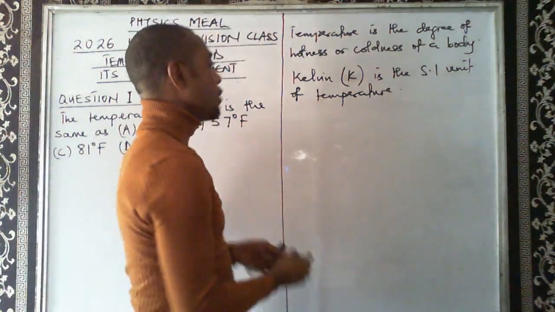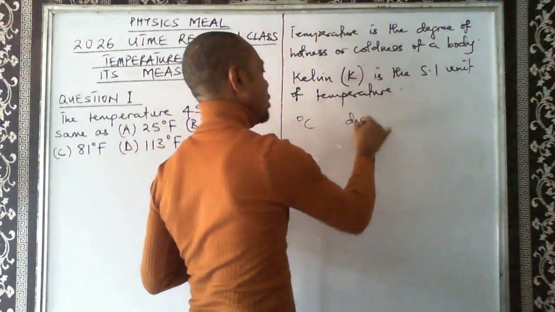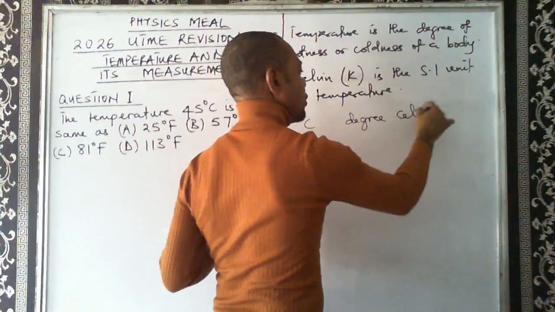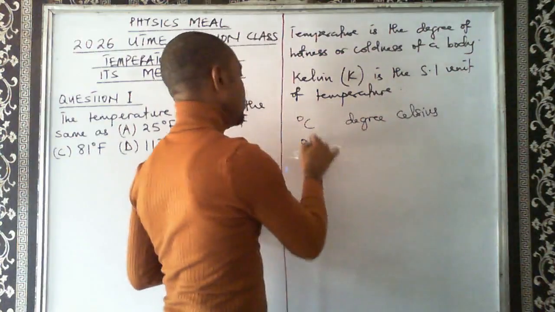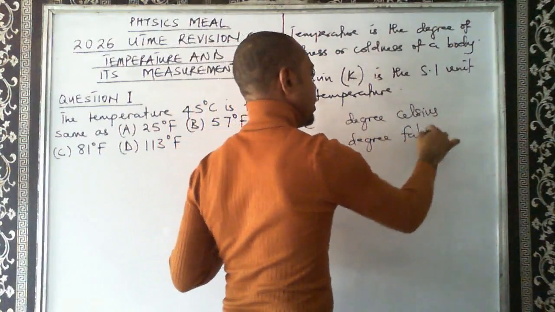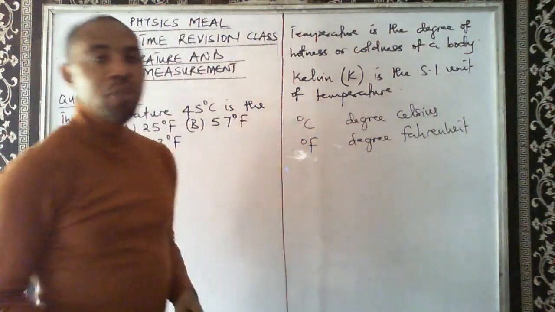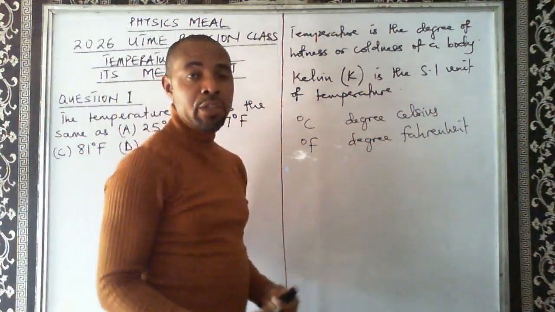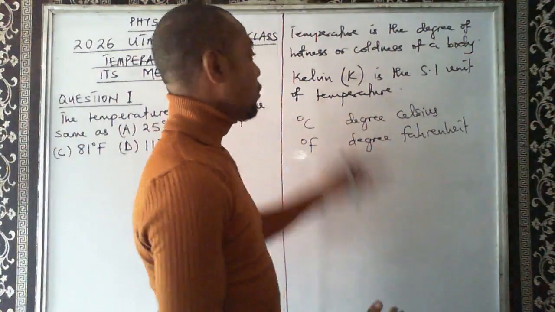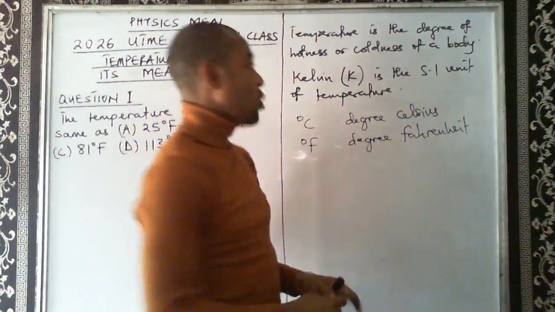What are other units of temperature? We have the degree Celsius, and then we have the degree Fahrenheit. So about the SI unit, in physics we deal with SI units a lot. So the SI unit of temperature is actually Kelvin.